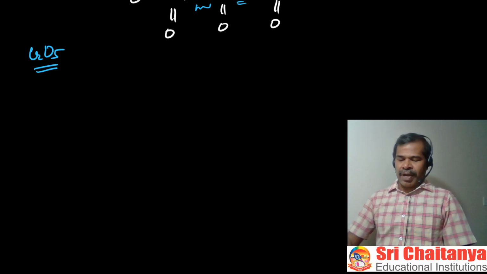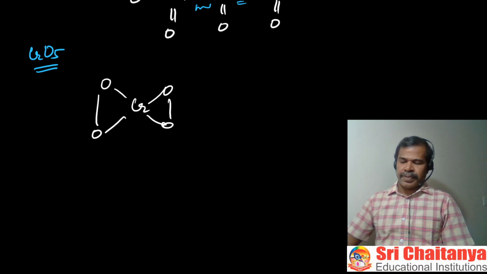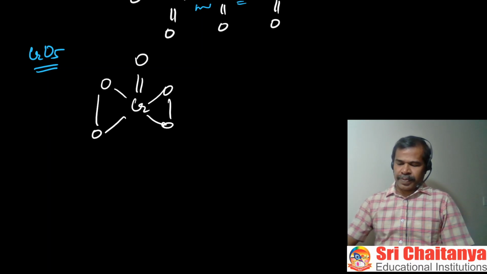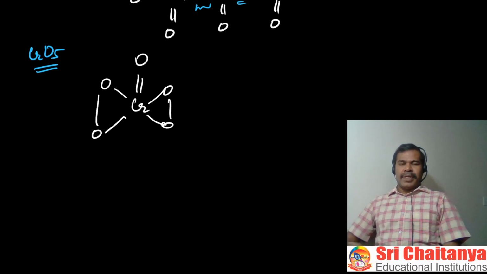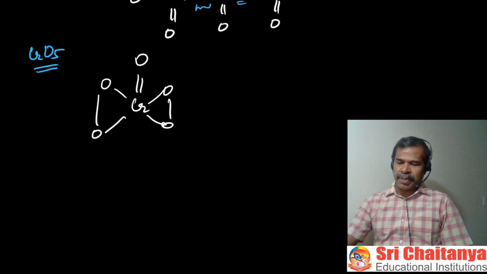The other interesting compound, which is pretty popular and you would be knowing it, CrO5. It has got a butterfly structure. So the structure is Cr and a double bond O. Now what are these oxygens, these special bonds?